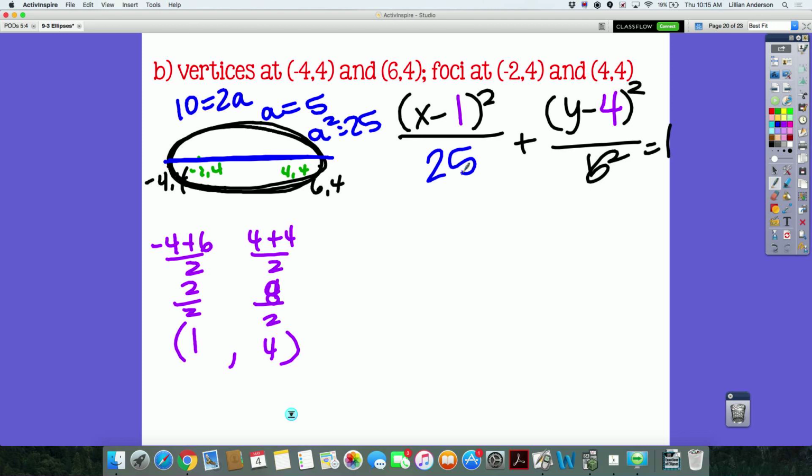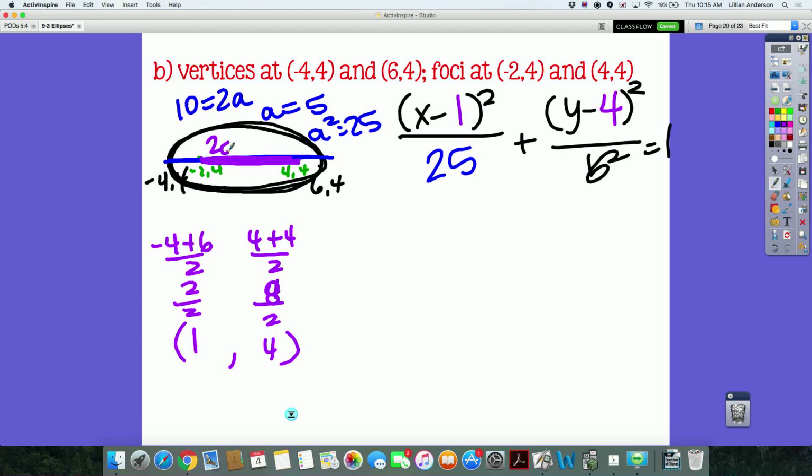Now to find our b. We don't know what our co-vertices are, but we do know where our foci are located. Now remember, we find our foci by adding the value of c to either the x-coordinate or the y-coordinate of our center. So the distance between the foci is actually going to be equal to 2c, okay?